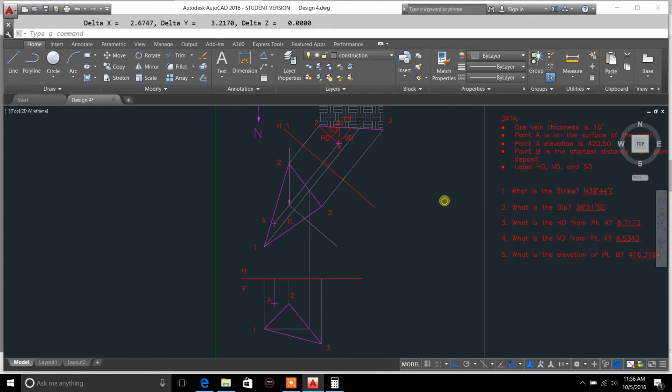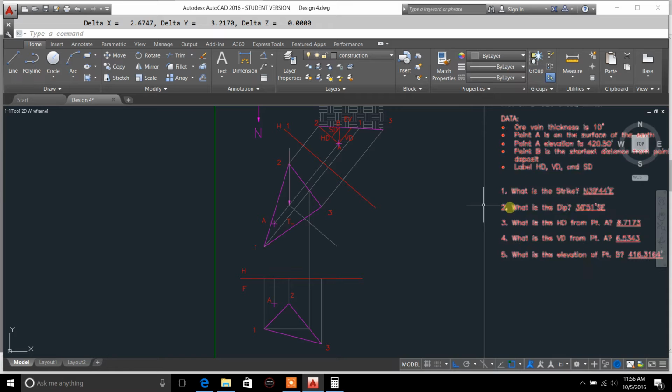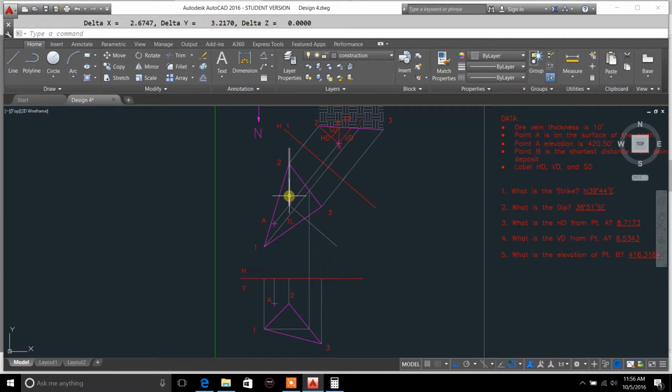The other thing that the instructor wanted in this lab was the strike and dip. So strike, just to let you know, is always going to be an angle measurement in azimuth, so it's degrees and minutes. And you're always going to have a north or a south, east or west on one part of the degrees measurements, and then the same for your minutes.